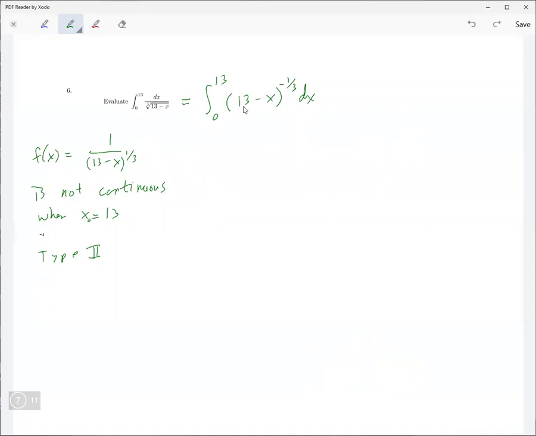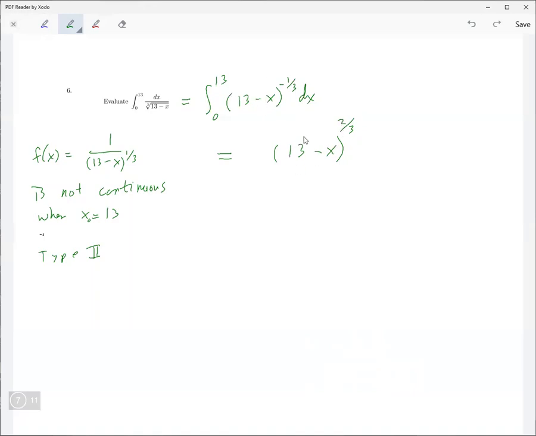Okay, 1 over a cube root of something is equal to that something raised to the negative 1/3. You can integrate that. Add 1 to that, which gives you 2/3. Now adjust the constant so that if you differentiate this, you get this.